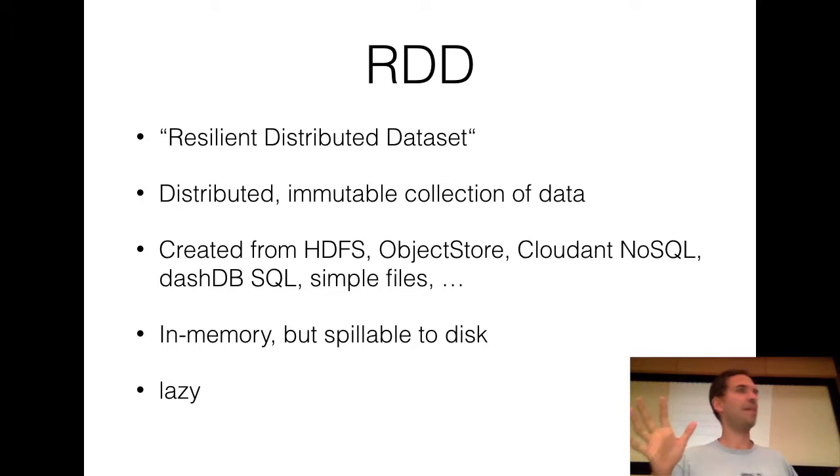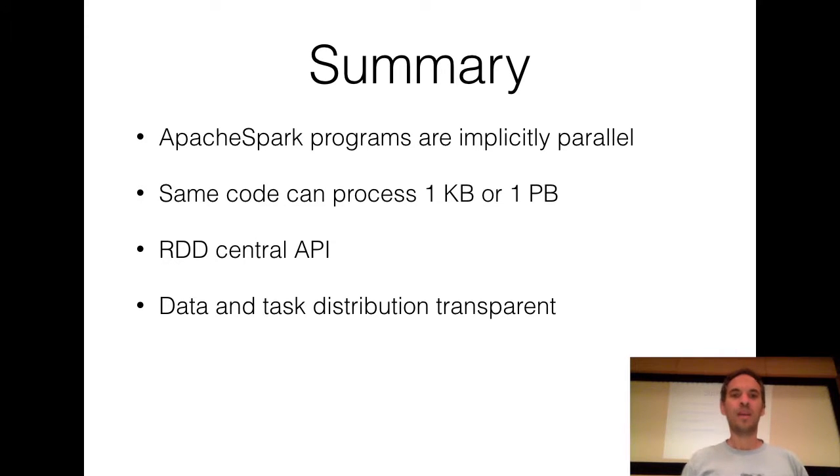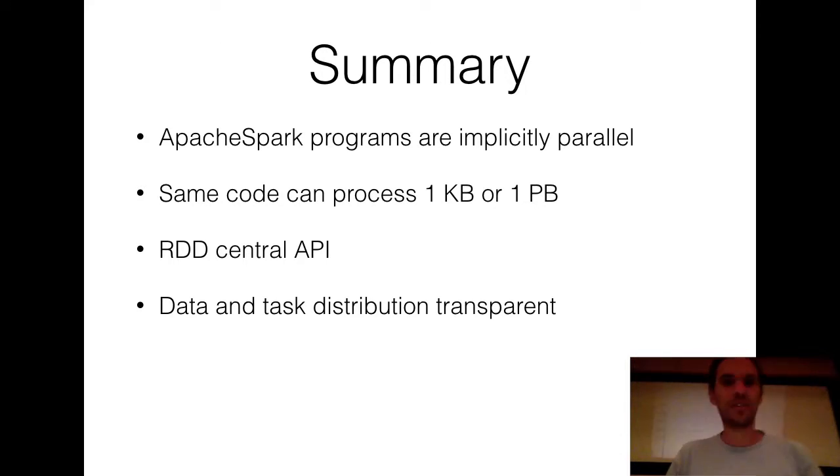So it's basically an unlimited amount of memory. All operations on RDDs are lazy. That means only when the actual data is needed, data is pulled from the persistent storage. Otherwise, nothing will happen. And the key thing is you won't change your code for processing 1 kilobyte or 1 petabyte because the program is inherently parallel. Let's go to the next.